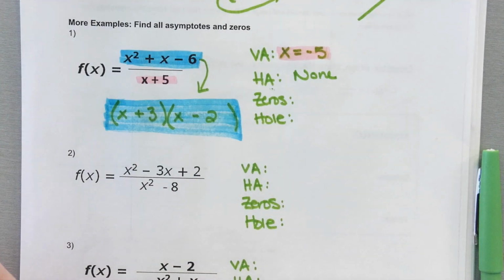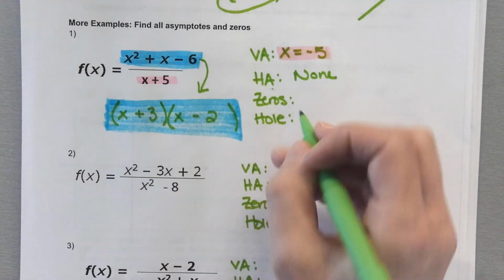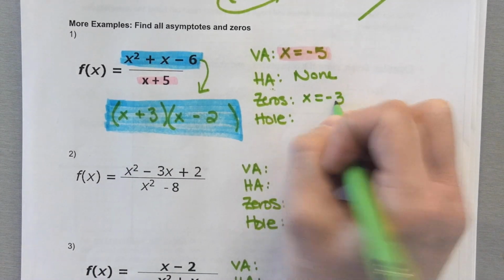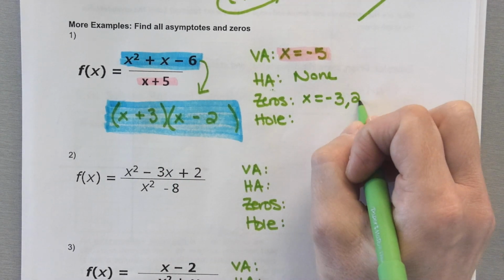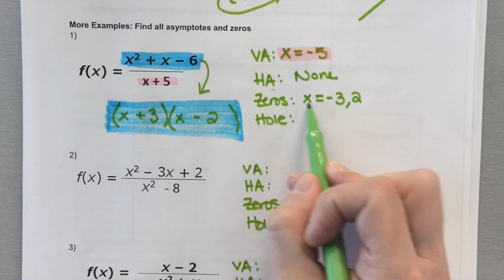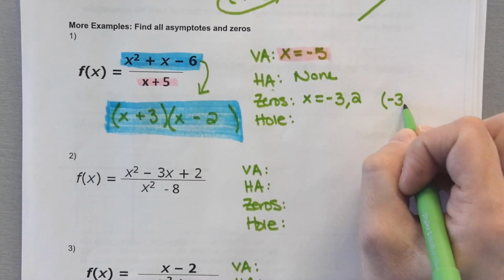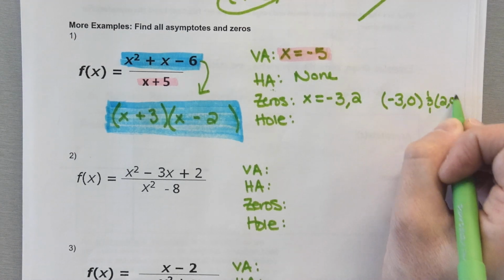All right. So what would make this parenthesis 0 if x were what? -3. So -3 would be one of my zeros. What's my other 0? +2. So my zeros happen when x is -3 or 2. So the corresponding points would be (-3, 0) and (2, 0).